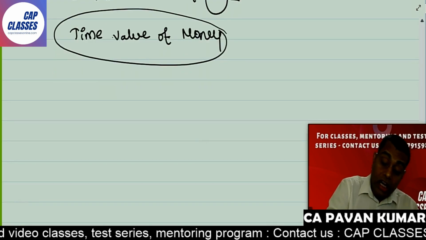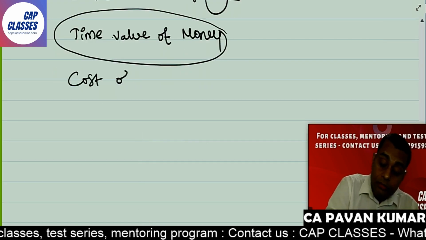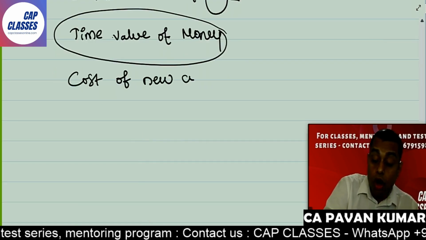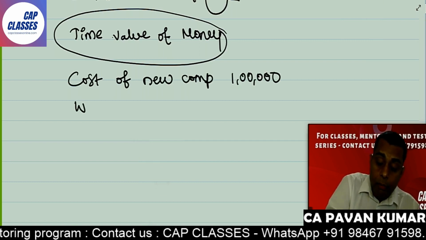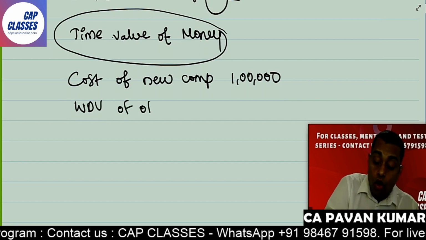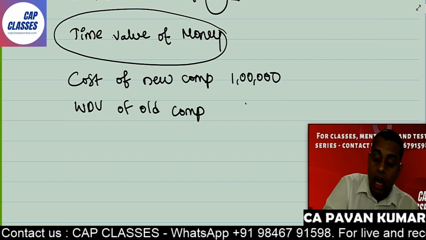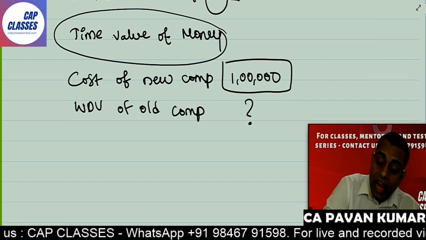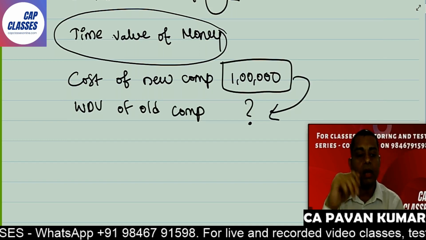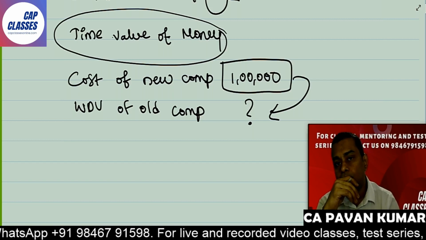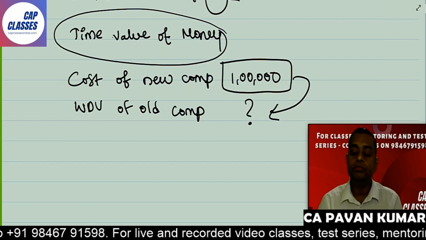Now, what is cost of new component? 1 lakh. WDV of old component, how much? I don't know. Take this as basis, apply time value of money, and calculate WDV of old component. Okay, how do we do that?